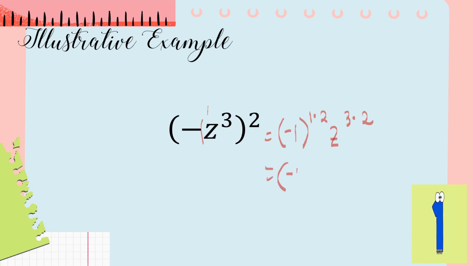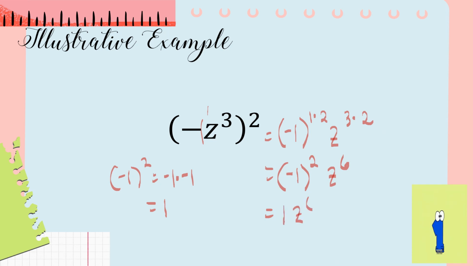So we have the quantity negative 1, 1 times 2 is 2, z, 3 times 2 is 6. And negative 1 squared means negative 1 times negative 1. Negative 1 times negative 1 is positive 1. So it's positive 1 z raised to 6, or simply z raised to 6.